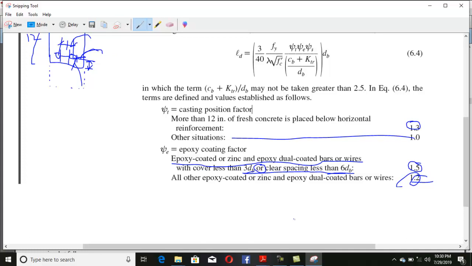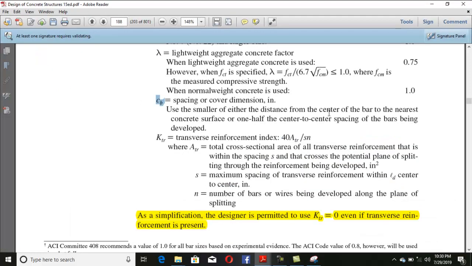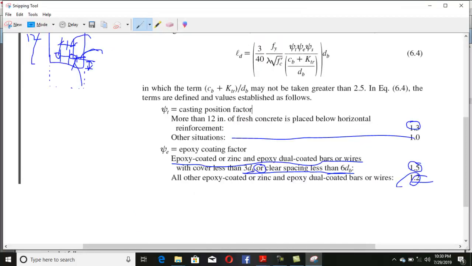But look, either the distance from the center of the bar to the nearest concrete: this side cover is to the center of the bar, this bottom cover is to the center of the bar, and Cb may be half in between the center lines of these bars. So you have side cover to the center, to the nearest.